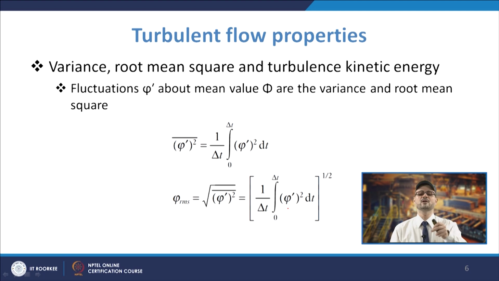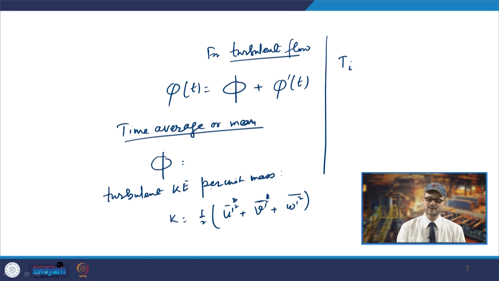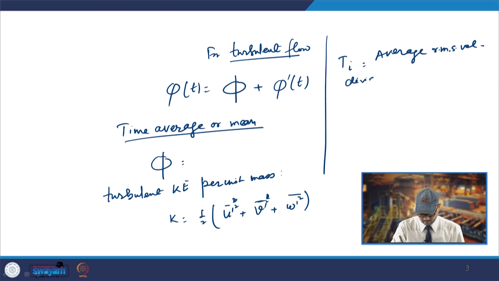And then we defined the turbulent kinetic energy, k equal to half of u prime square plus v prime square plus w prime square, and the turbulence intensity, which is the average RMS velocity divided by the reference mean flow velocity.